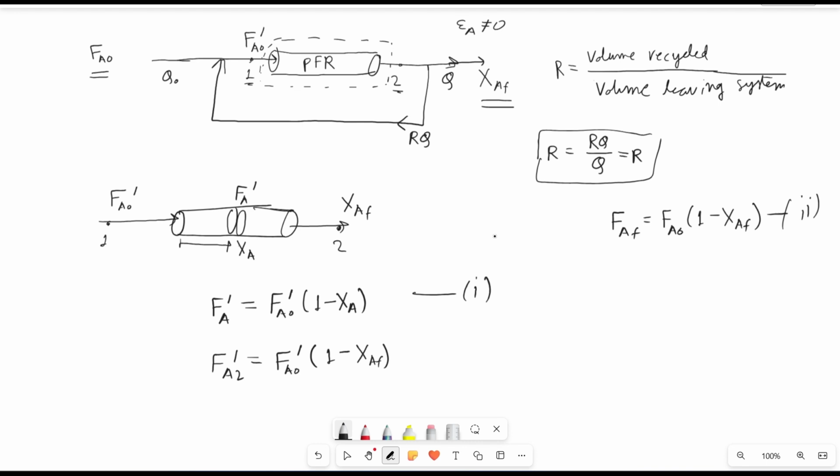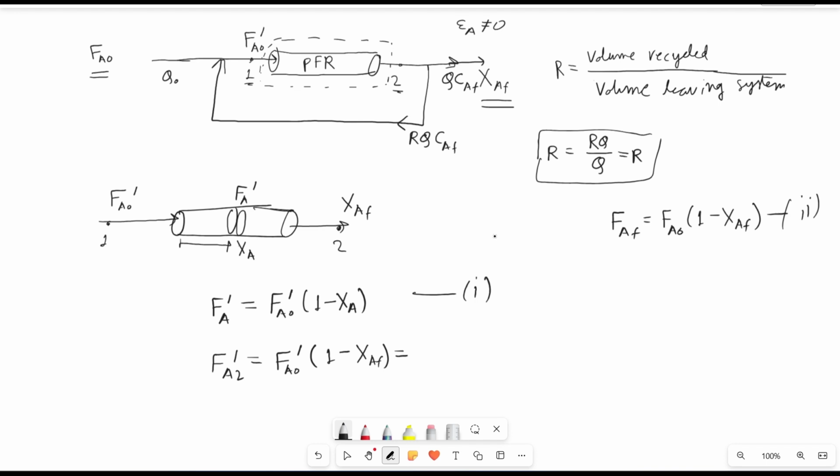Now, see one thing: if the reactor outlet has volumetric flow rate Q, then this will have concentration CAF, and this will also have concentration CAF.